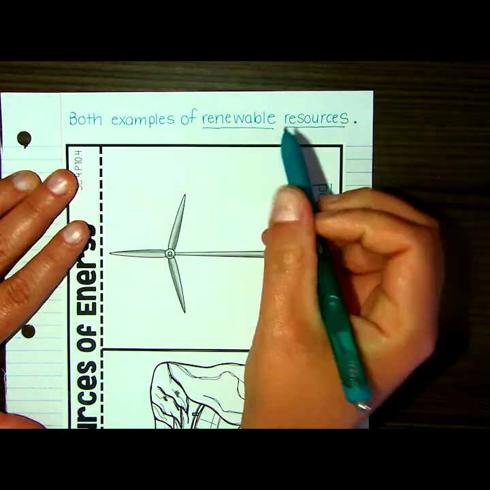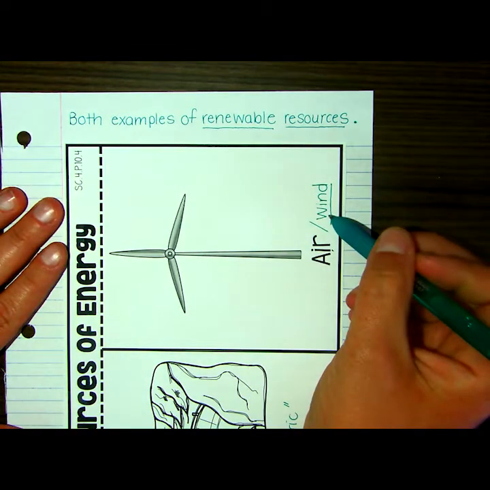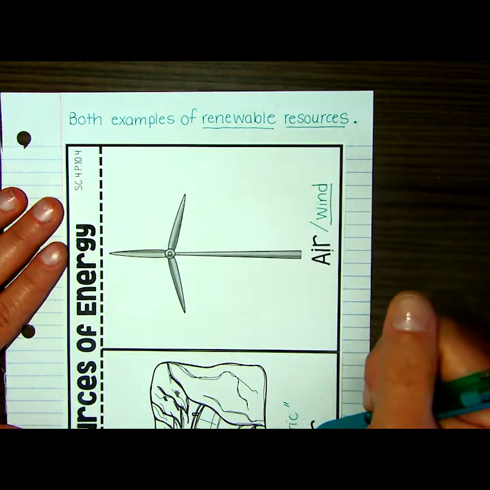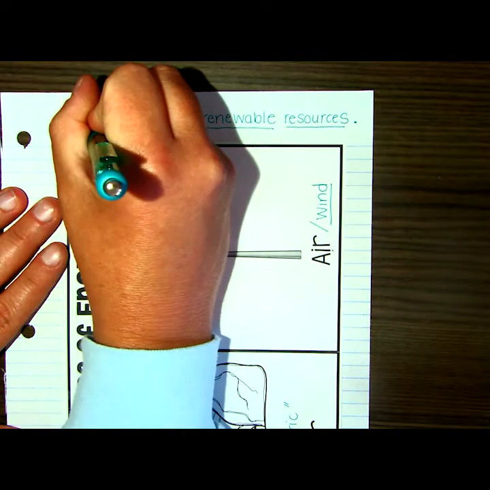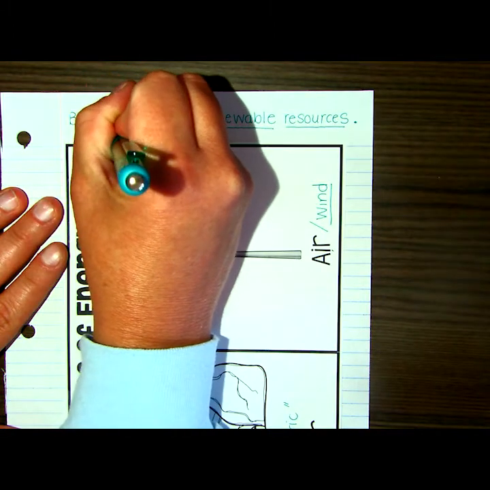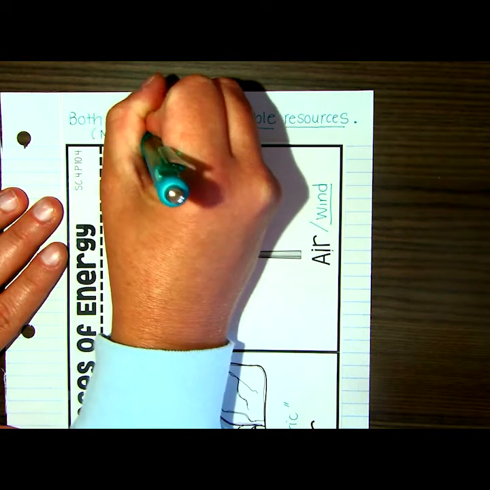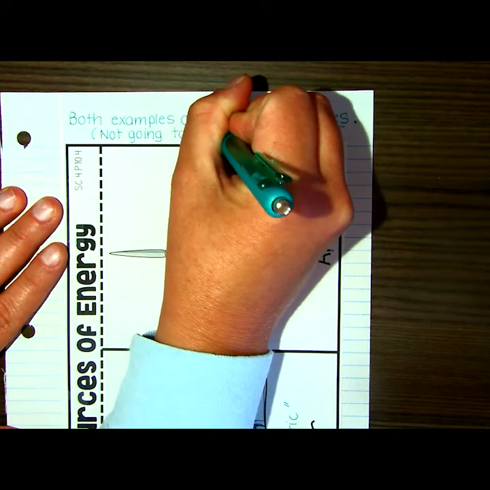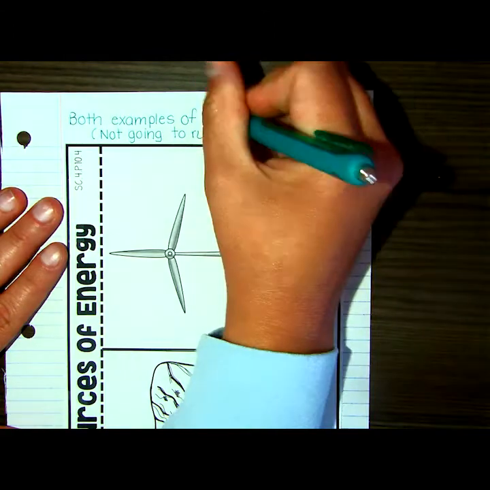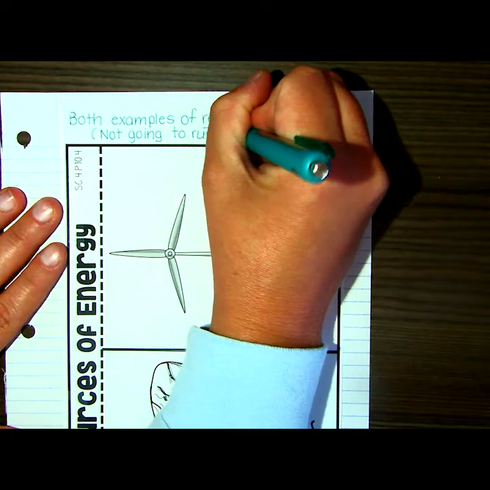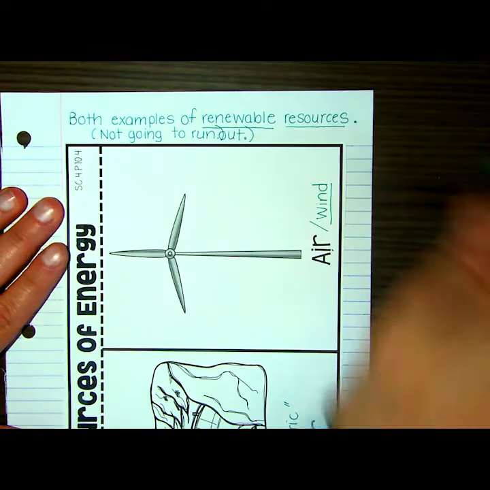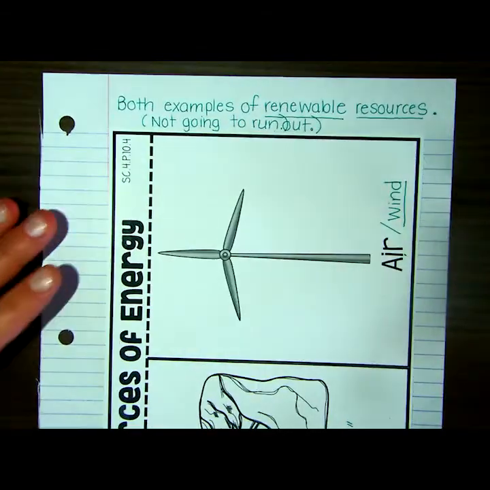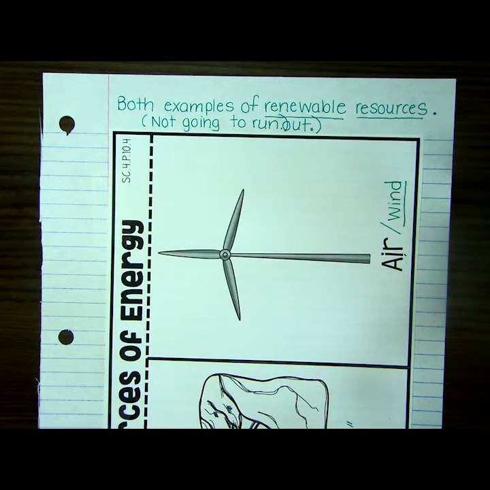Meaning, we're not going to run out of wind. We're not going to run out of water. So in parentheses, you might want to put not going to run out. Sorry about that. So first, let's talk about wind or air energy.